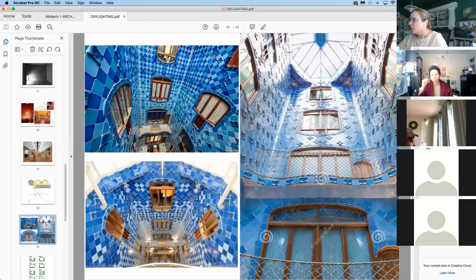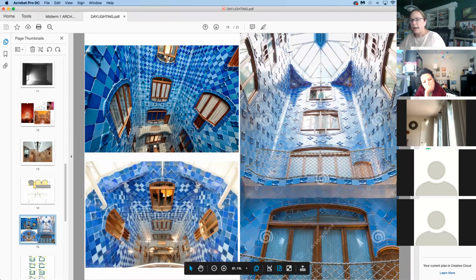There are more darker tiles at the top, and they become less and less towards the bottom floor, so that you're getting more direct gain at the top of this light shaft, and the darker tiles are not reflecting quite as much, absorbing a little bit more, but then the lighter tiles at the bottom start reflecting a little bit more and help that light bounce around towards the bottom, so that even though there's more light at the top, you still get an enhanced lighting feel at the bottom of the courtyard.